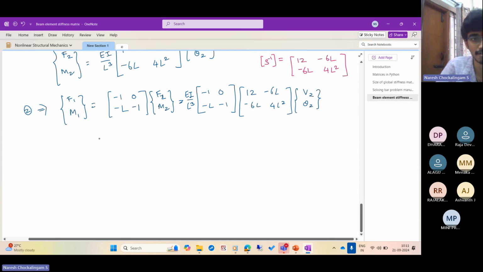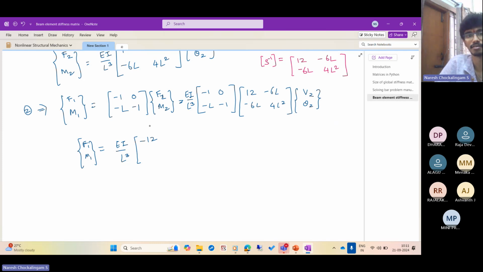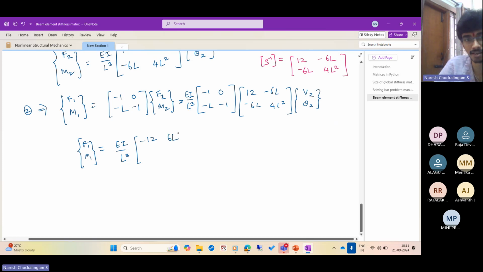Now what is it giving us? So you get EI by L cube times F1 M1. So first one is minus 12. Then you had 6L minus 0 into 4L square, so it is just 6L.